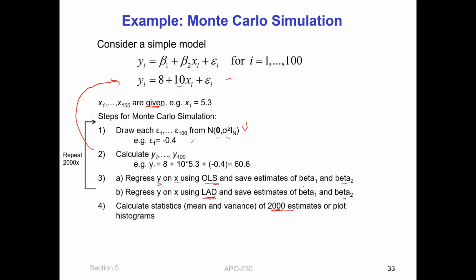And then we can compare between the OLS and the LAD. What can we compare? The sampling statistic: the mean, the average beta 1 from OLS and the average beta 1 from LAD, for example, over 2,000 samples. And then see also the variance. So this I will show you in R.